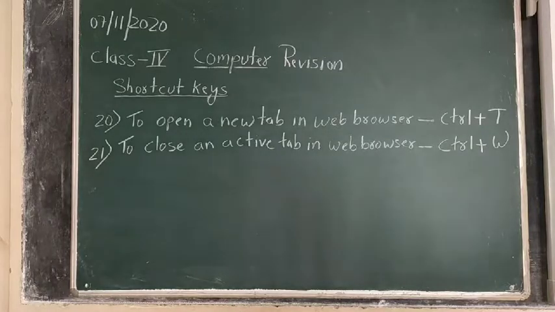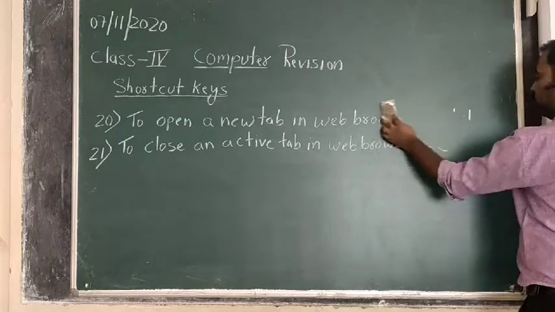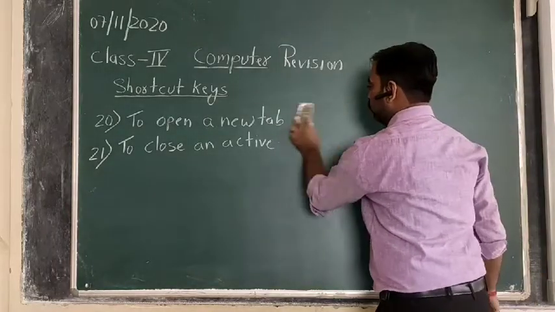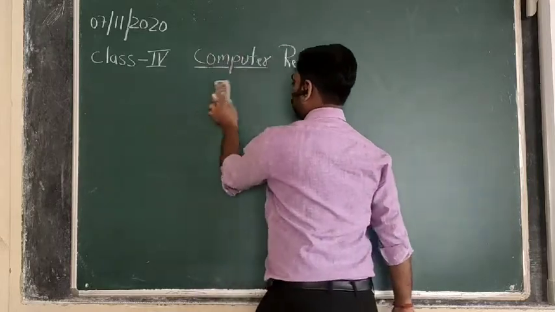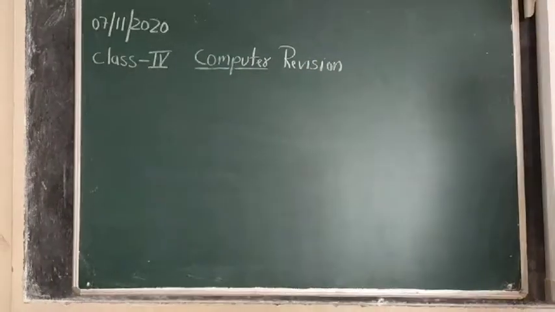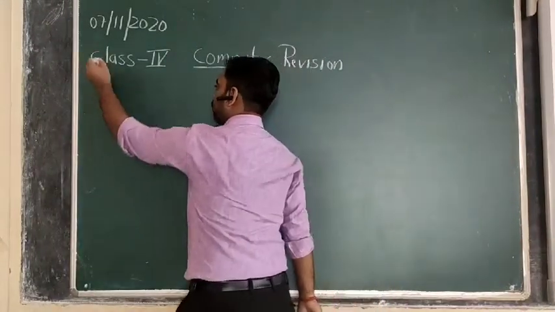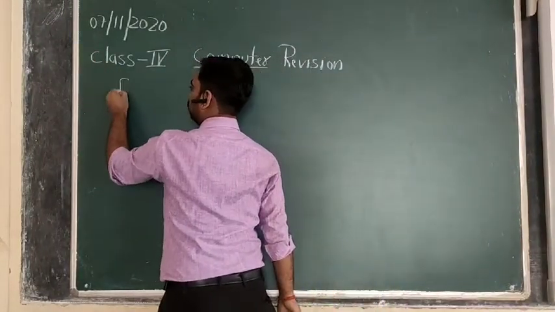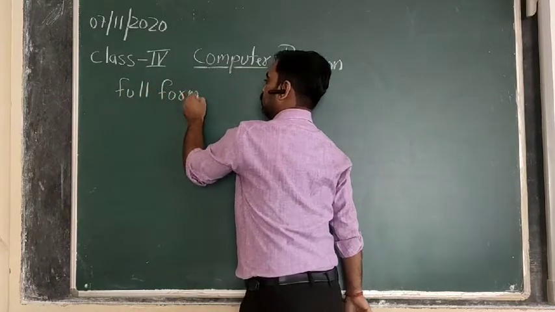Some of the important full forms regarding the use of internet. When we are talking about the internet, we have some abbreviations which are generally used in the field of internet.